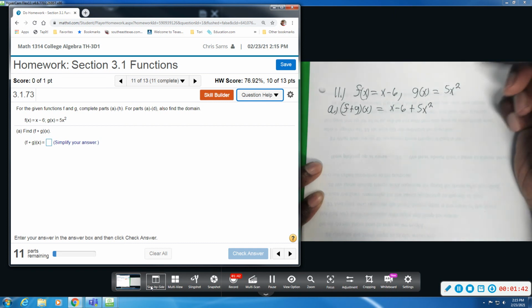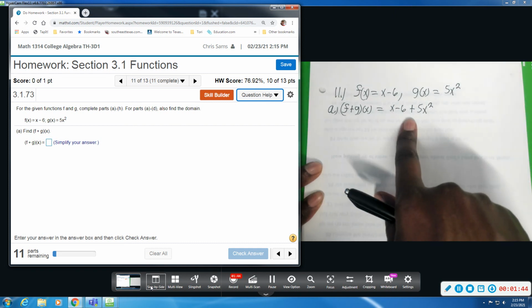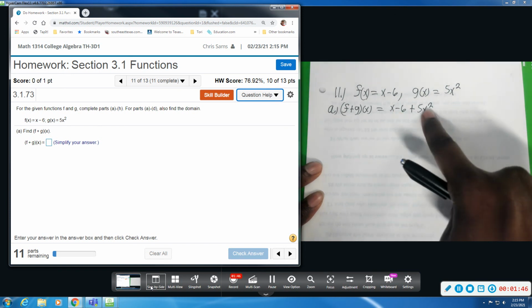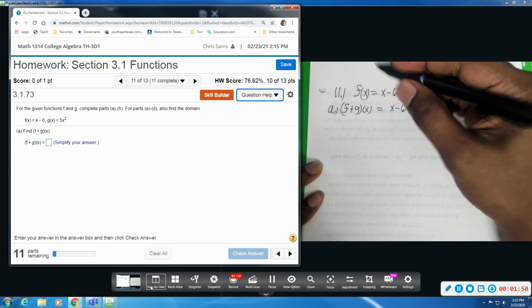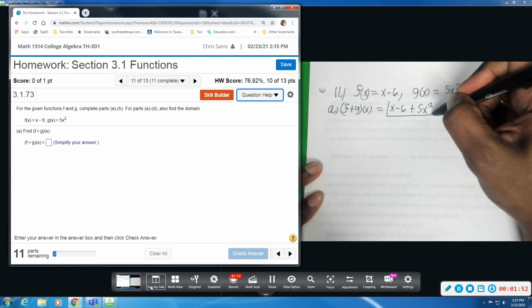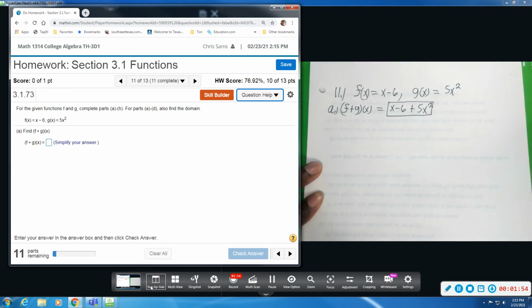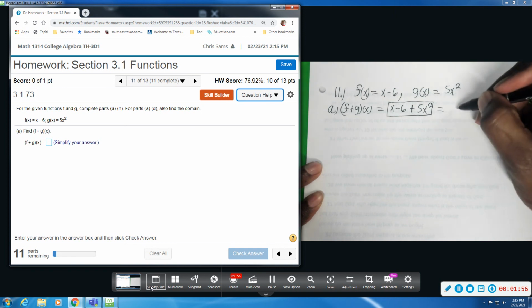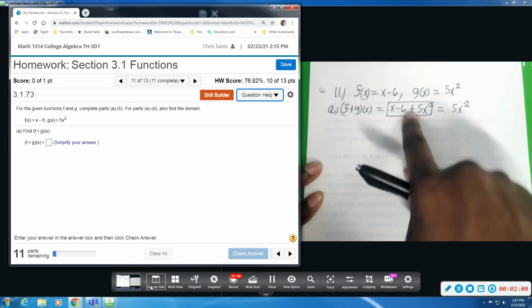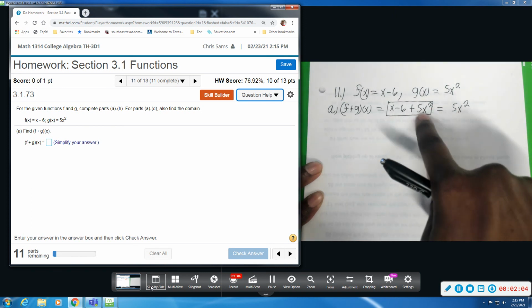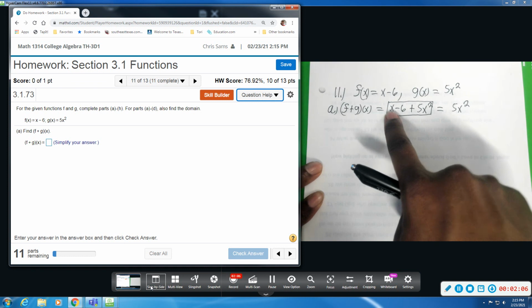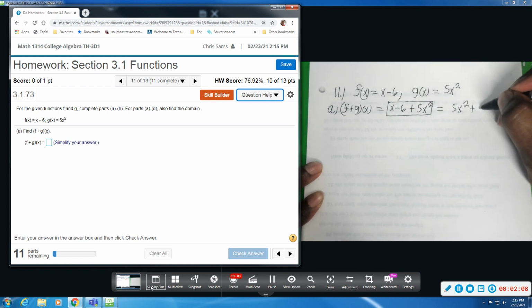And you can rearrange this and put it in standard form, which means put the largest exponent up front. But even if you left it like this, this will be totally fine. We just want you to get the concept. But standard form, which is even better, is just putting it in order from largest exponent to smallest. So it'll be positive 5x squared out front, plus x because that's positive, and then minus 6.